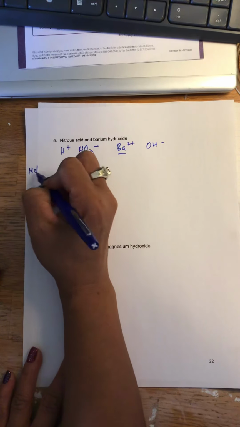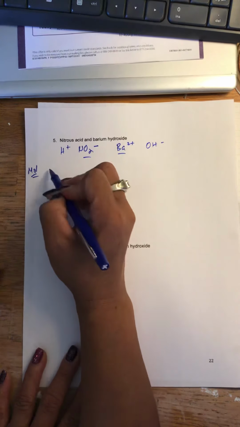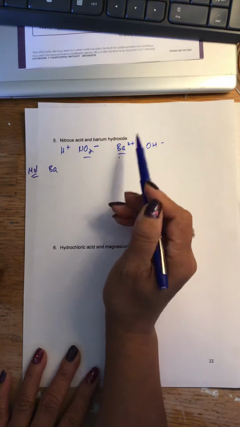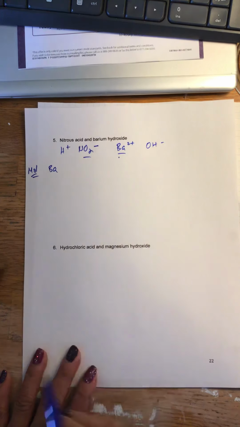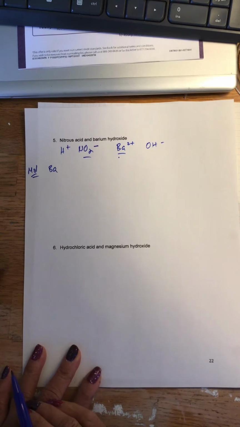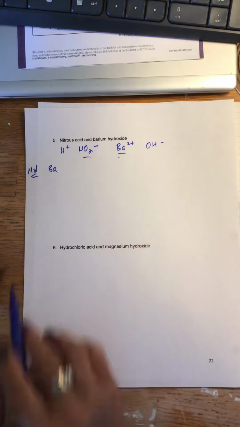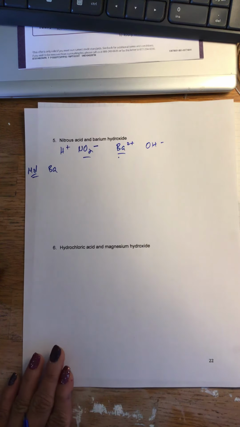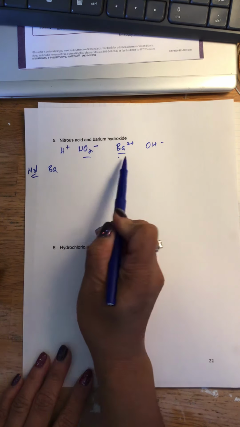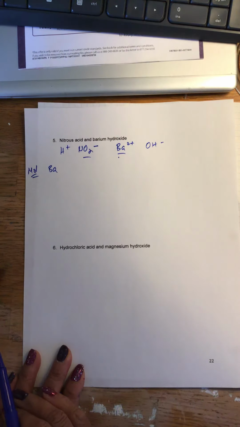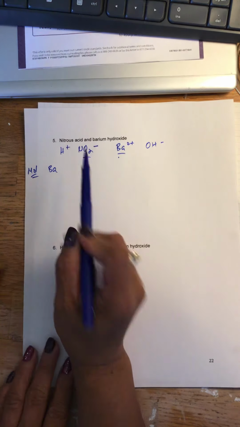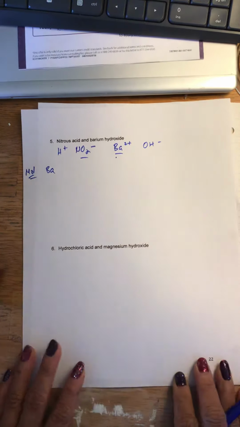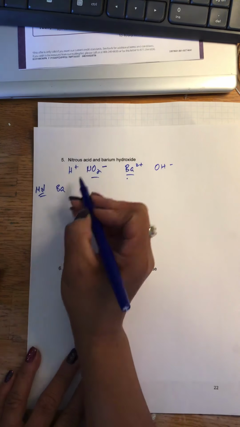So for the molecular equation, you have barium come first because it is a metal, and the 2 here will go down to the NO2. NO2 here is a -1, and barium is a +2. So actually, let's write down the formula here first.